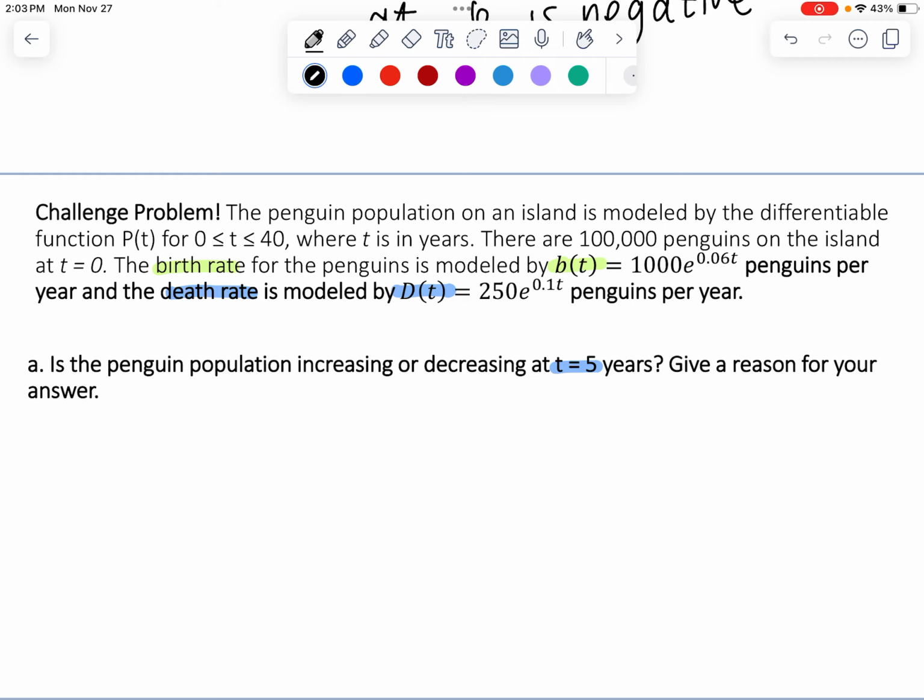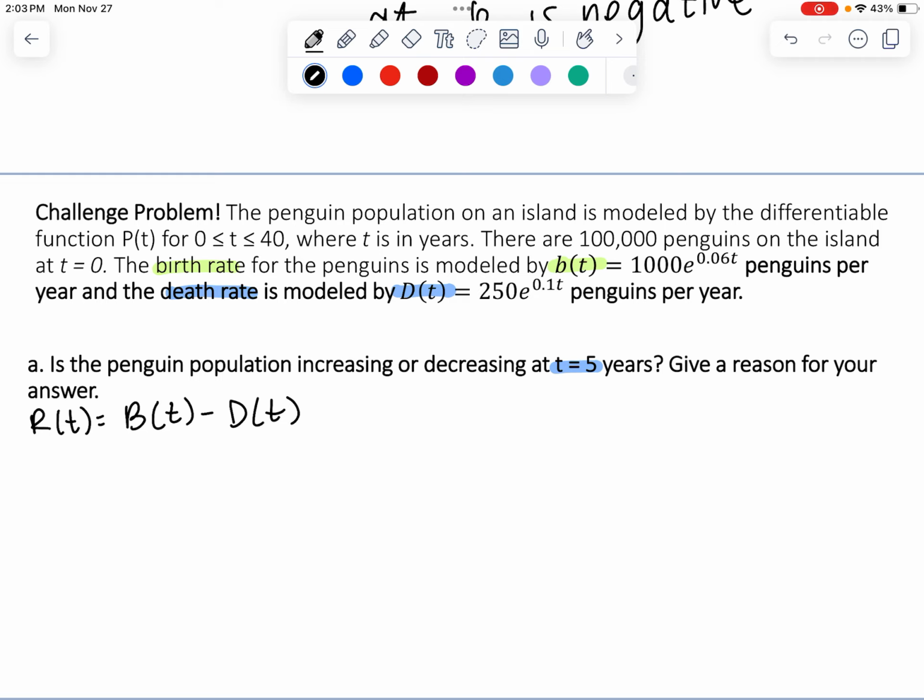And so what I'm actually going to do is I'm going to create a new function. I'm going to say r of t, and that's just going to stand for the rate overall. And if r of t is positive, that means that my rate is increasing because I'm going to make r of t, that function, I'm going to make it b of t, the birth rate minus the death rate. And so if the birth rate is higher than the death rate, that means the population is increasing.